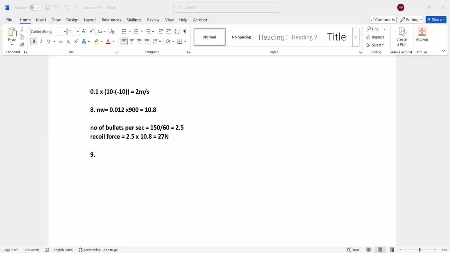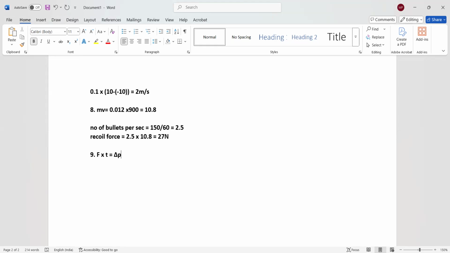While you're catching a ball, you draw your hand back because the time of the impact increases. So according to F into t, increasing the time will reduce the force and this makes the catch less painful.